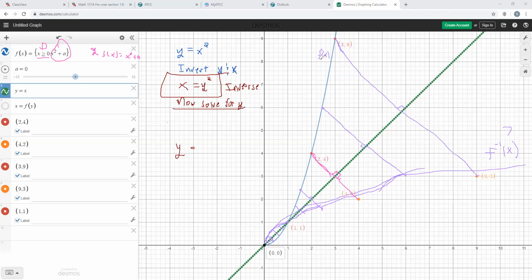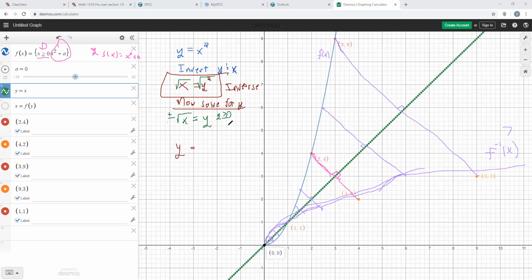And to get rid of a square, we would square root both sides. So if we take the square root, we would get y equals plus or minus the square root of x. But since x had to be positive to begin with, that was the domain we had, x had to be greater or equal to 0, then when you invert it, y has to be greater or equal to 0.